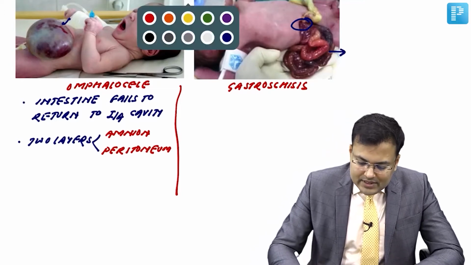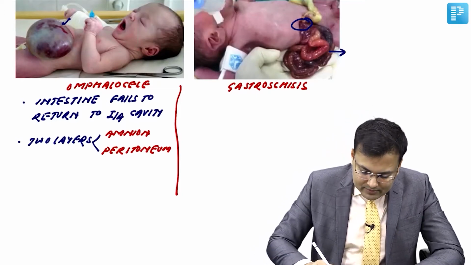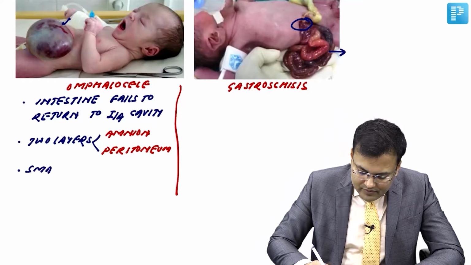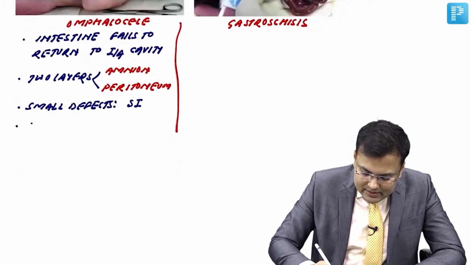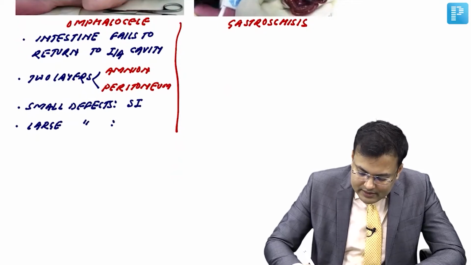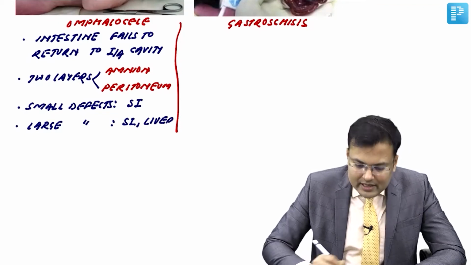So in small defects, there is only herniation of small intestine, and if there is a large defect, then there is herniation of small intestine and other organs like liver.